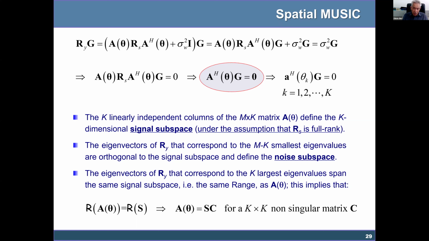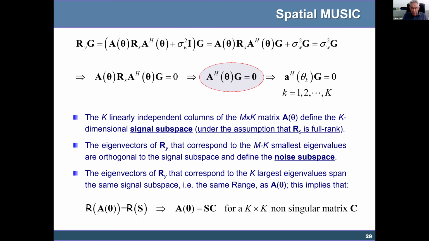This is obviously true if Rs is full rank, for the reason I said before. The eigenvectors of the covariance matrix that correspond to the other M minus K smallest eigenvalues are orthogonal to the signal subspace, and they generate the noise subspace.